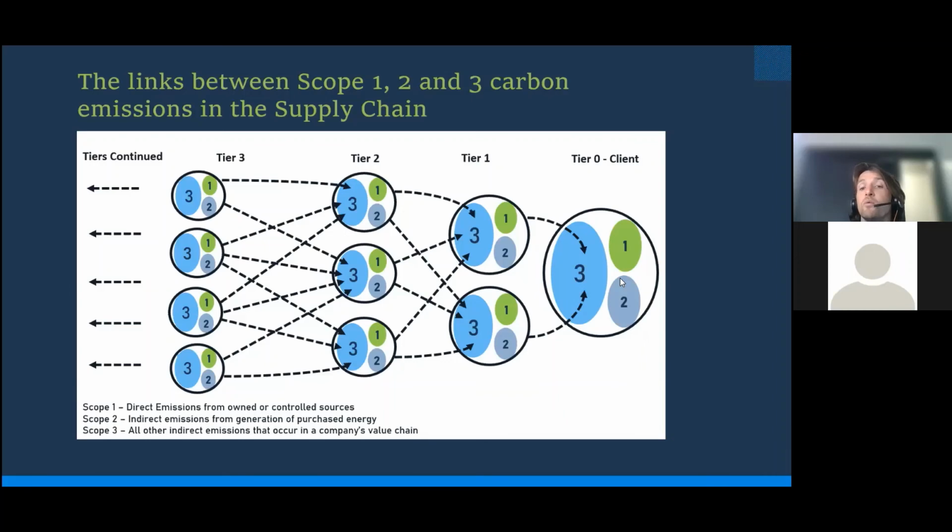What you might want to do, though, as a waste collector is still calculate the emissions associated with the waste that you're managing, because then that can inform how you can help your clients reduce their carbon emissions associated with their waste, and what happens to the waste once they hand it over to you.